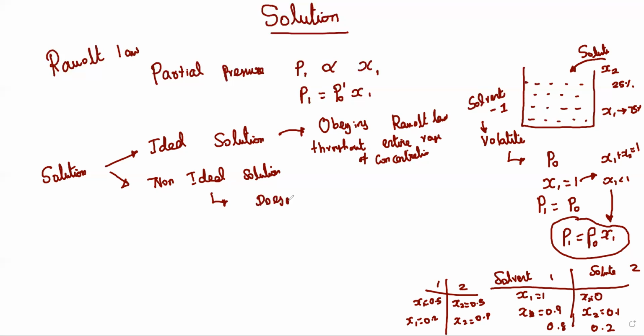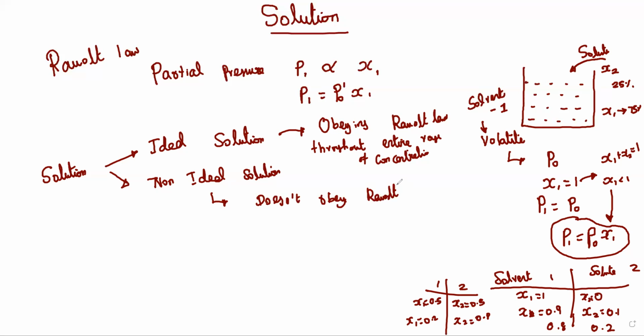So the non-ideal solution doesn't obey Raoult's law. Doesn't obey means the value calculated from Raoult's law may be either greater than or lesser than the original value.